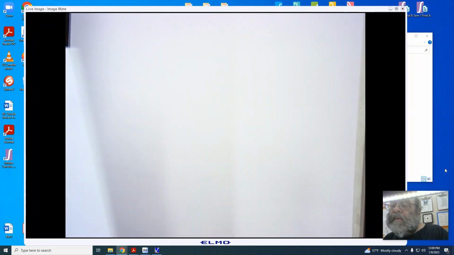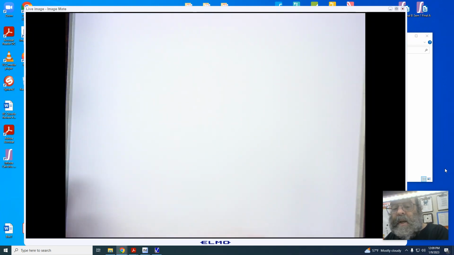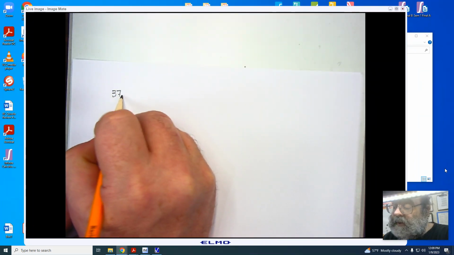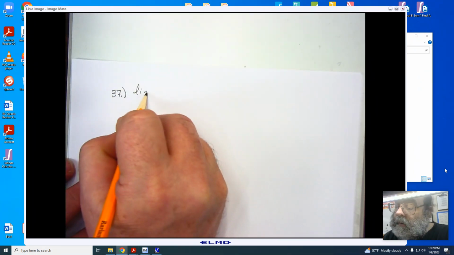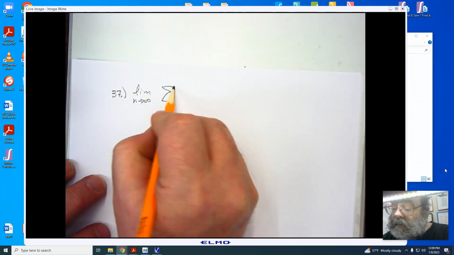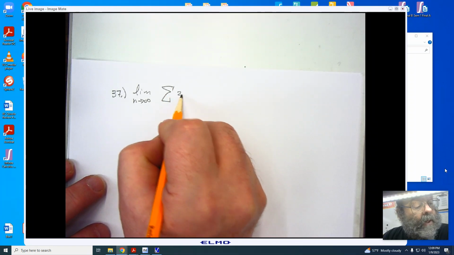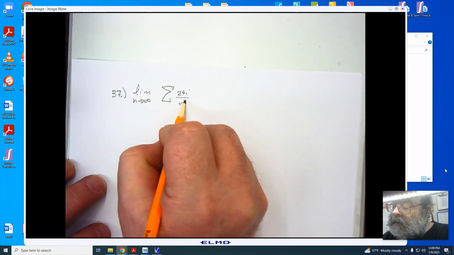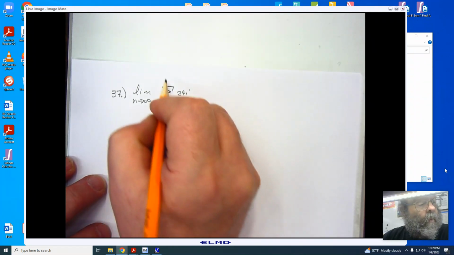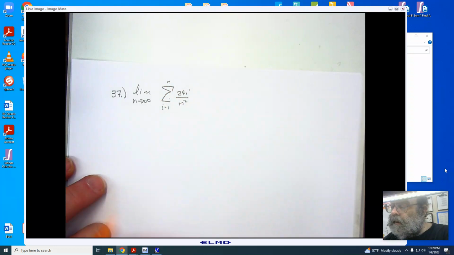This then brings us to number, I believe that's 37. And number 37 is now asking us to do the full limit process. So 37 is asking us to find the limit as n is approaching infinity for the summation of 24i over n squared as i goes from 1 to n.